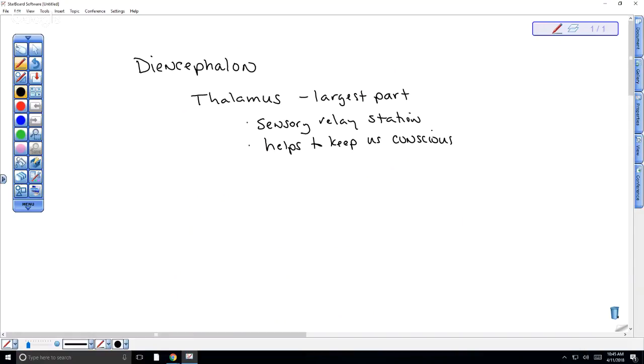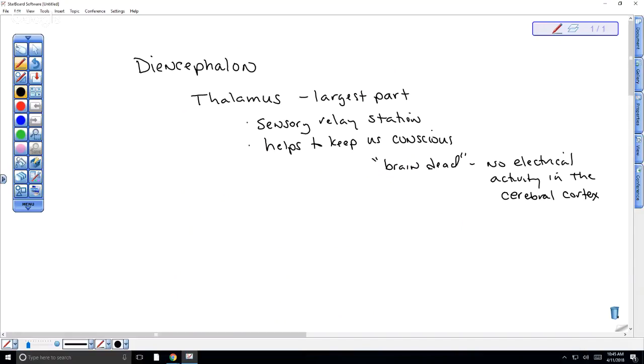So if you are brain dead, what this means is that there's no electrical activity in the cerebral cortex. They can check this by putting electrical receptors on your head, right?